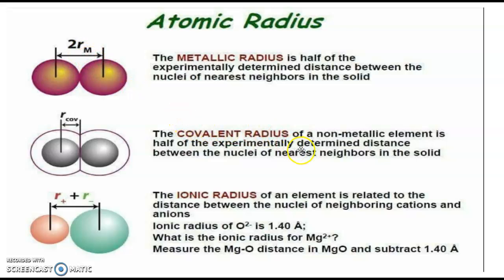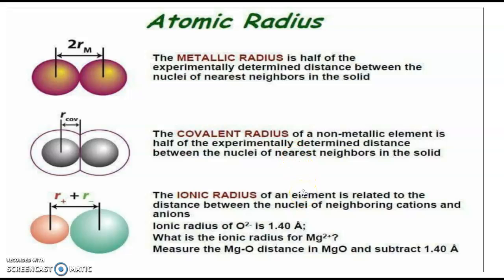Next, the covalent radius of a non-metallic element is half of the experimentally determined distance between the nuclei of nearest neighbors in the solid. This we have already discussed.